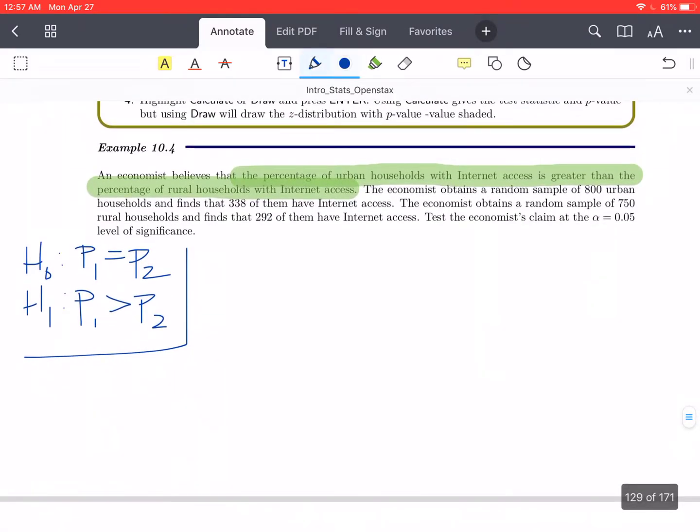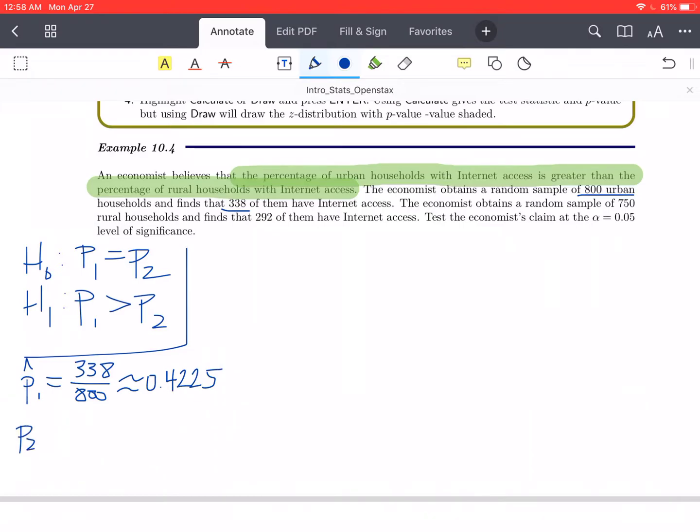Okay, so p1 hat, from our first sample, we saw that we had 800 urban households and 338 of them had internet. So that's 338 out of the 800, which is approximately 0.4225.